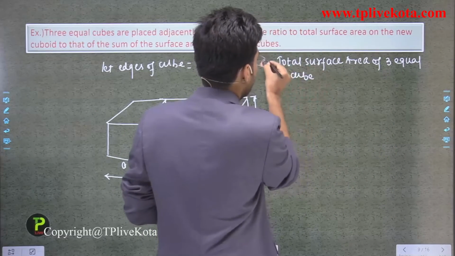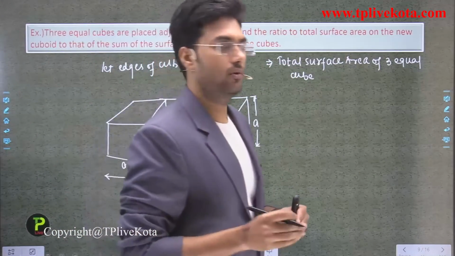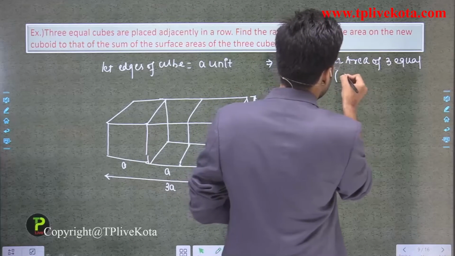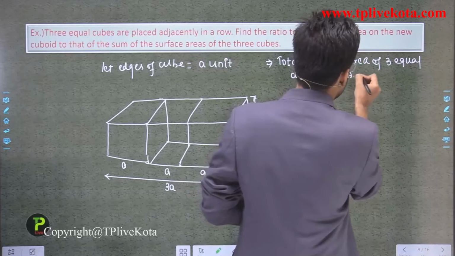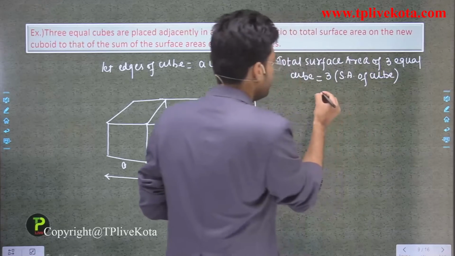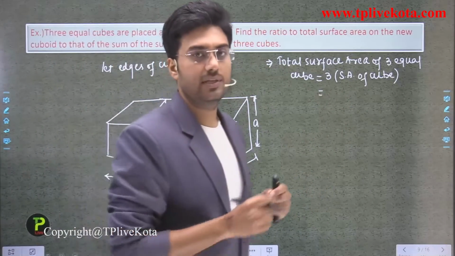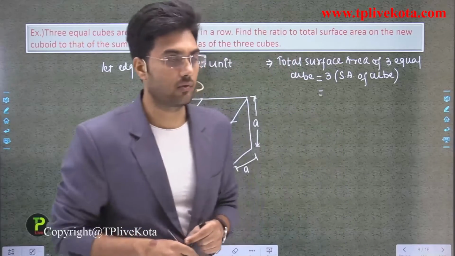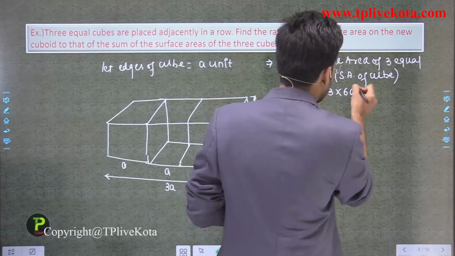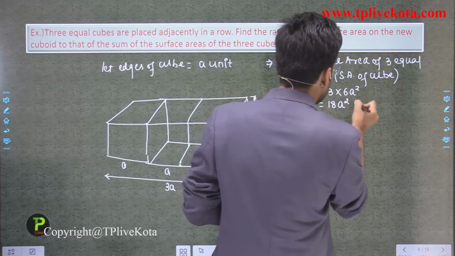Total surface area of three equal cubes is equal to 3 times total surface area of one cube. Clear? And we know that the surface area of cube is 6a square. So it is 3 multiplied by 6a square, that is equal to 18a square unit square.